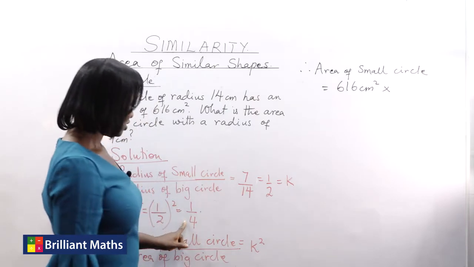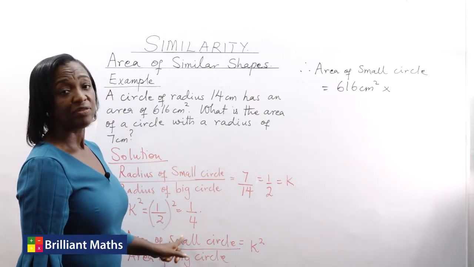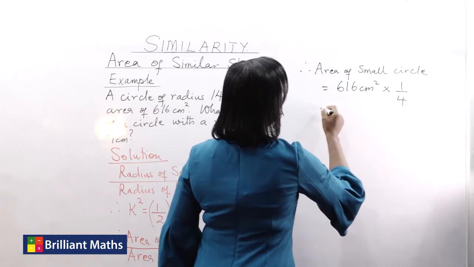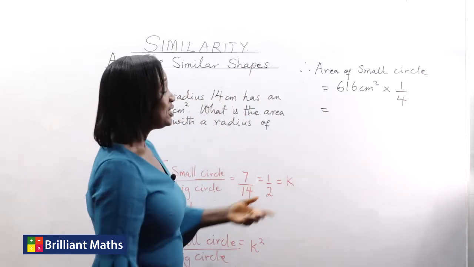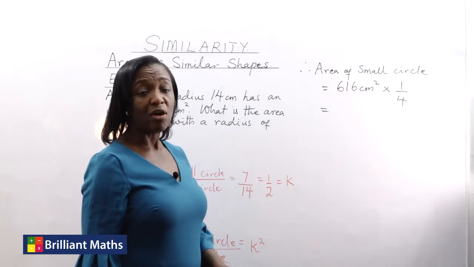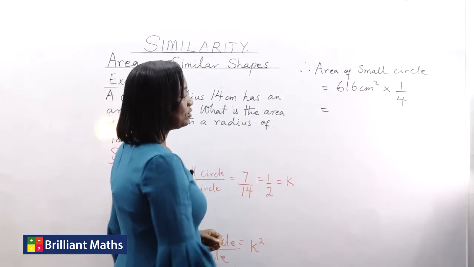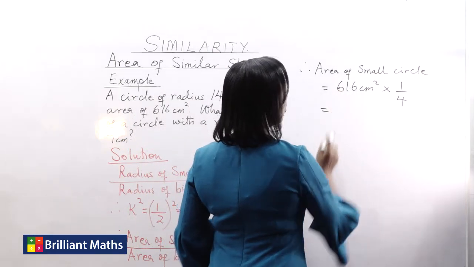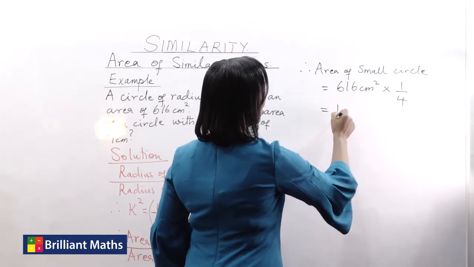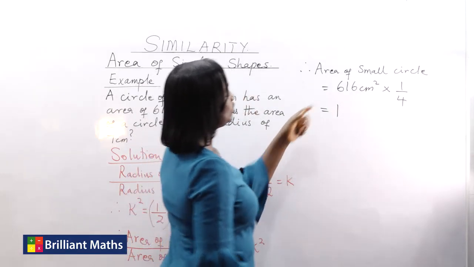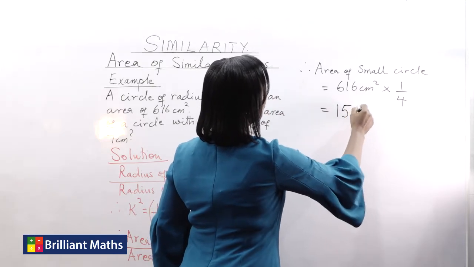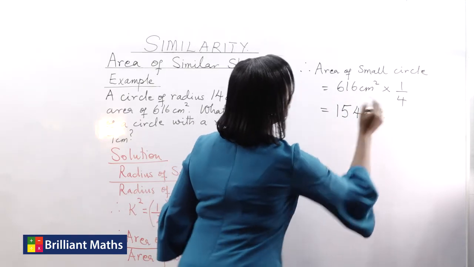And our k squared is 1/4. That means that the area of the small circle is 1/4 of the area of the big circle. So 4 into 616, what would that give us? 4 into 6 is 1, remainder 2. 4 into 21 is 5, remainder 1. 4 into 16 is 4. So the area is 154 centimeters squared.